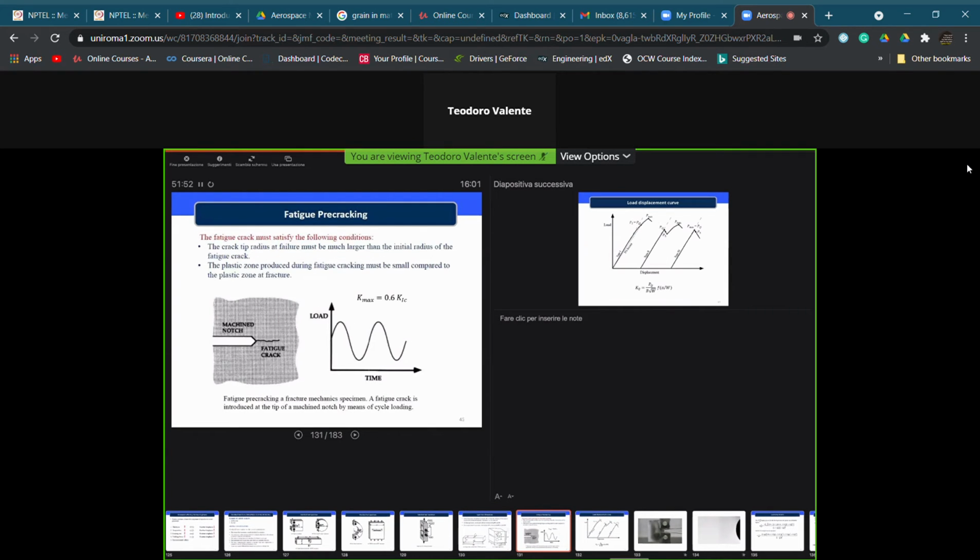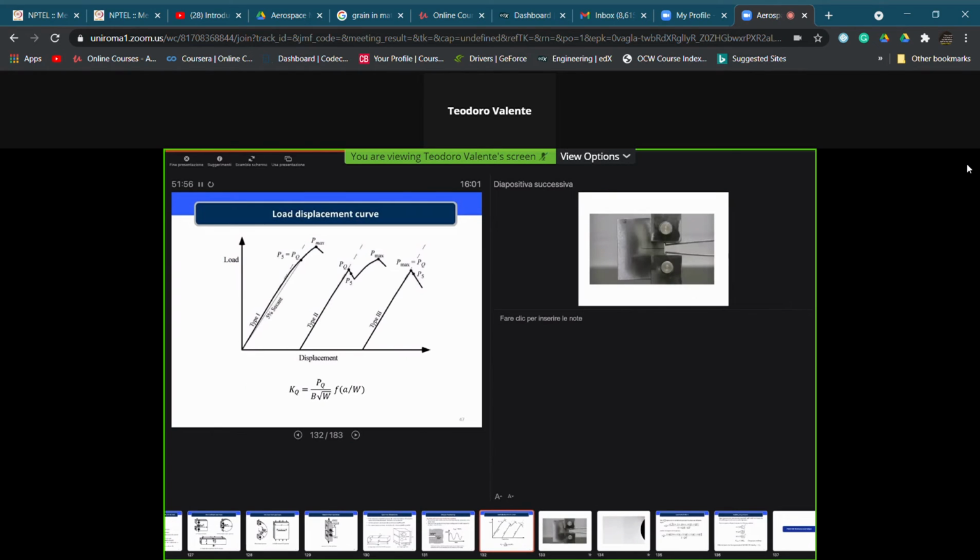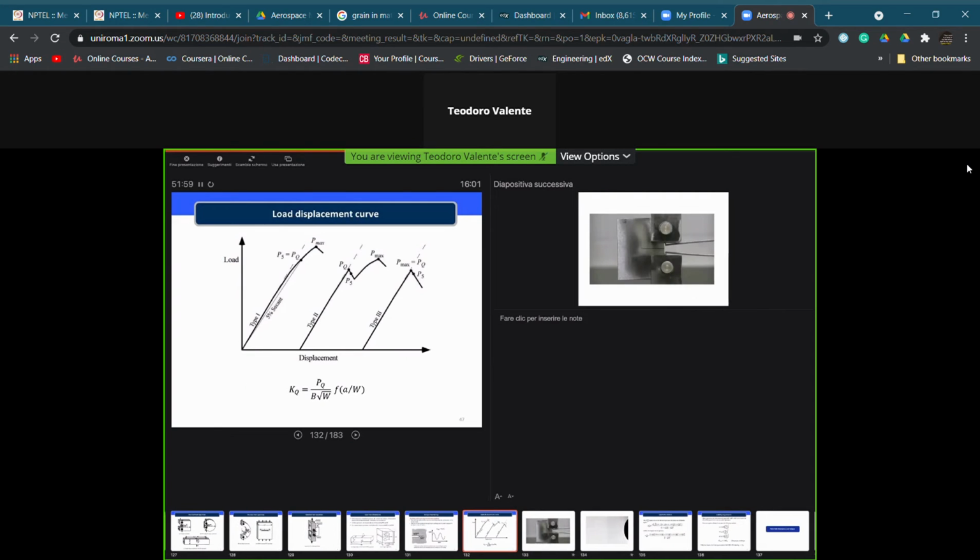We can record the length of the pre-existing crack put in by fatigue. We can record the load applied, think for example of a CT specimen, together with the resulting displacement.